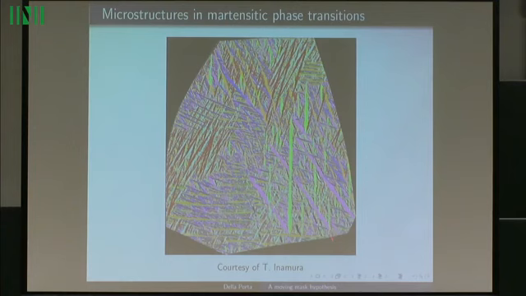So we see that there are some of these different variants which match on a small plate, and there for sure you have elastic deformations taking place. So the idea is that this is a first step to try to justify the fact that we can consider deformation gradients which are close to identity plus a tensor n.